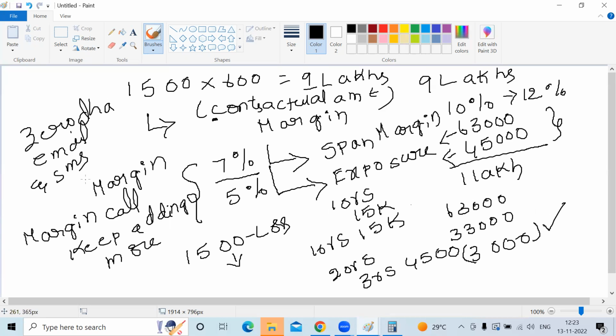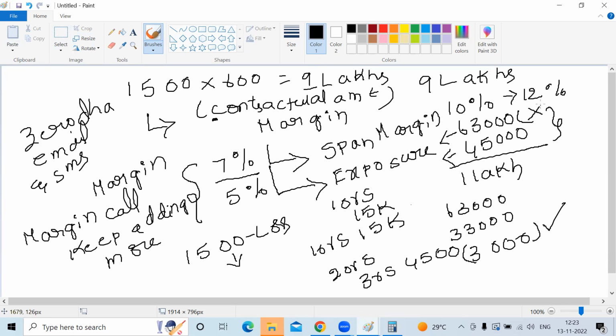Suppose if the market allows you to trade, and what if it suddenly goes down another 40 rupees, then 60,000 is going to be lost, and if you don't pay it will be a problem for Zerodha, and the market also. That's why they don't allow you to continue once your span margin is completed.